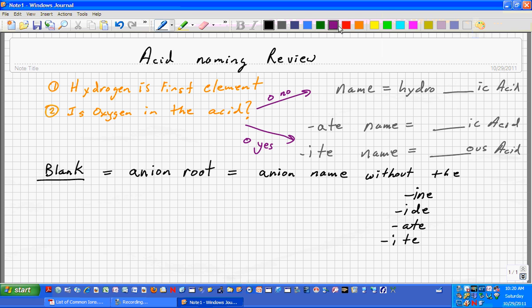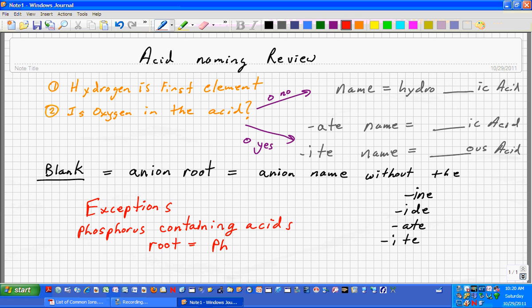The exception here, or exceptions, are phosphorus and sulfur. Exceptions. So phosphorus containing acids, that root is equal to phosphor, and the other exception is sulfur.